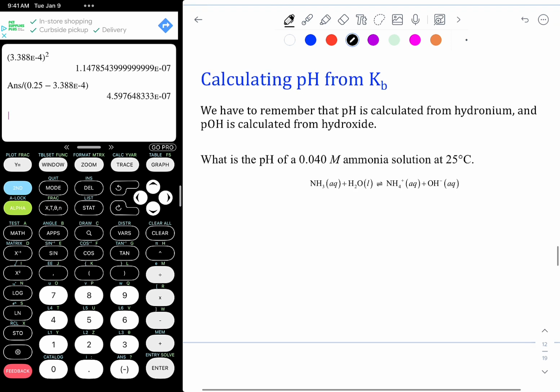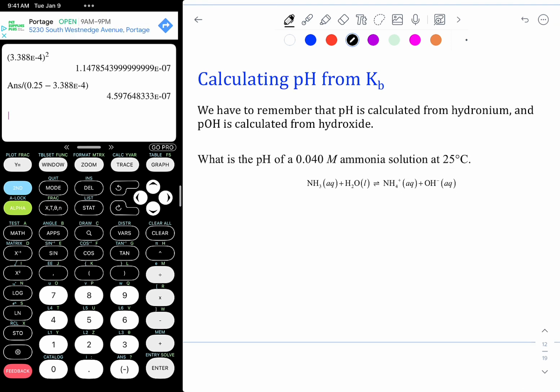When we're working with weak bases, we have to remember that the pH is calculated from the hydronium ion concentration, and the pOH is from the hydroxide. So in our generic equation, or if we have the balanced equation for the specific base, we're always going to get out the OH- concentration. So we have to use our knowledge of how pH and pOH relate to each other to find the correct value.